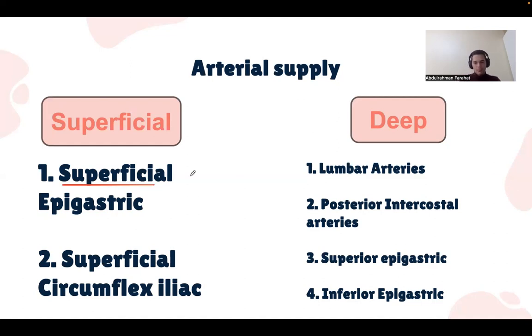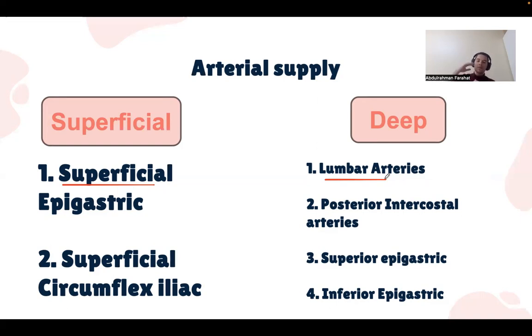Now the deep. For the deep, you'd have the lumbar arteries. You could say that the abdomen is in the lumbar region, that's why you'd have lumbar arteries. That's a good way to memorize it. And then you'd have the posterior intercostal arteries. Similarly, you had intercostal nerves, you'd have intercostal arteries, but the posterior intercostal, not the anterior.